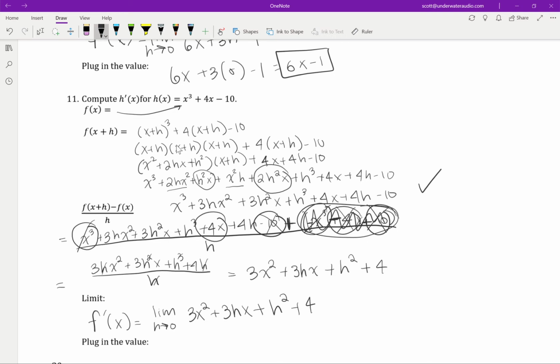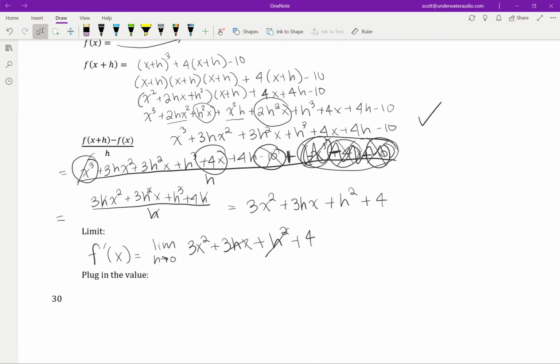Okay, h goes to 0. Well, that's going to go away, and that. And I'm just going to plug in 0. Oh, sorry, I already did plug in 0. So when I plug in 0, these both went away, and I get 3x squared plus 4.